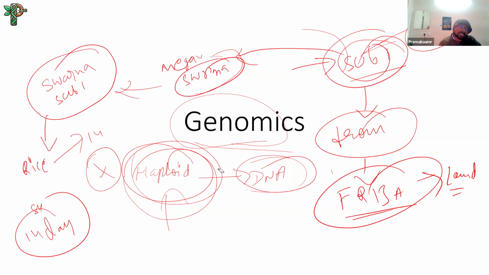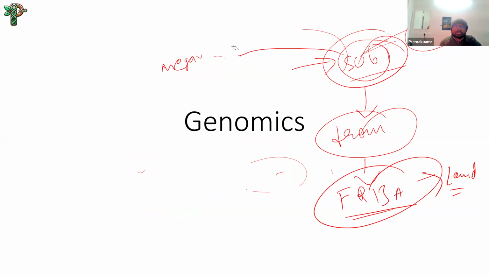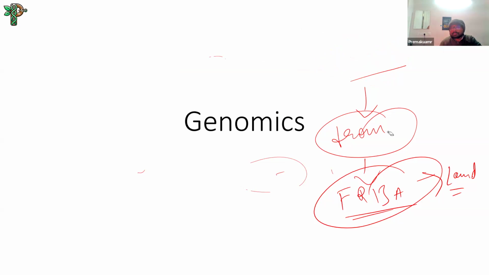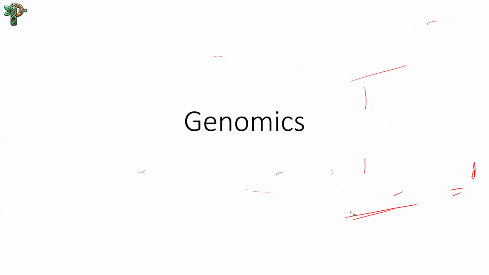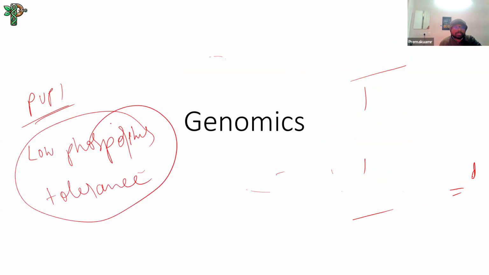There is another gene called PUP1. How many of you know about PUP1? PUP1 means low phosphorus tolerance in rice. It is mainly governed by the PUP1 QTL.